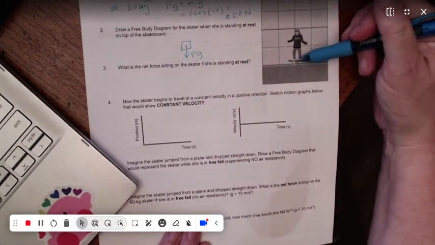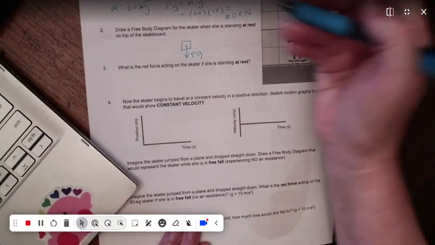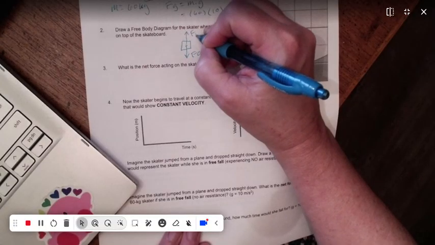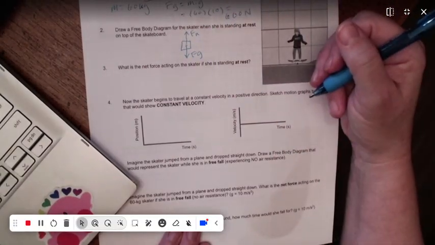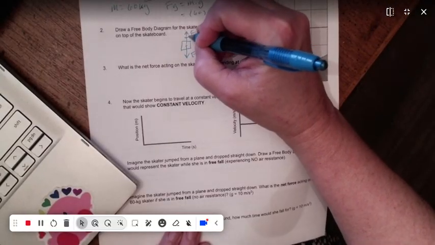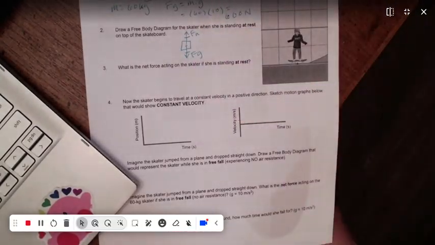She's also going to have a normal force on her from the skateboard, the surface that she's standing on. And that's it. If she's at rest, there are no other forces acting. These two are equal in magnitude, so I draw the little tick marks, and they're opposite in direction.